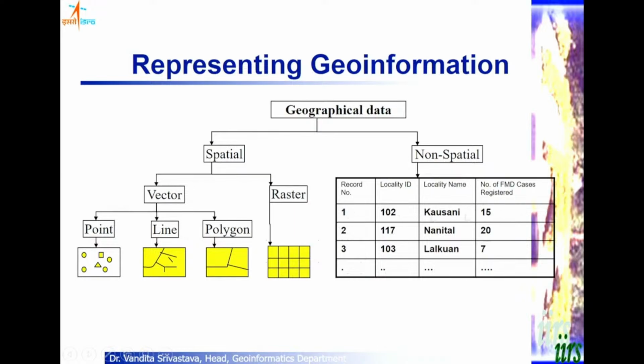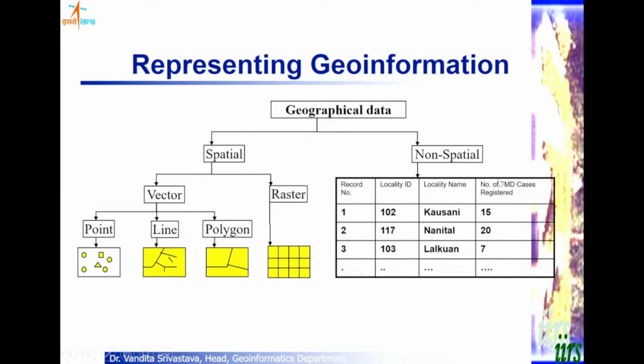Each record represents the geographic information for each entity or feature, and the columns represent different types of information. For example, here the locality ID, locality name, all such descriptive information we can put as columns of the table. This is called a relational form.